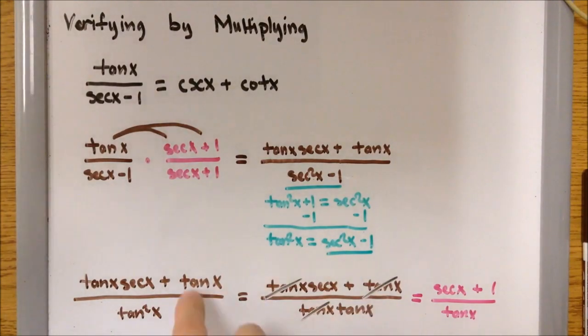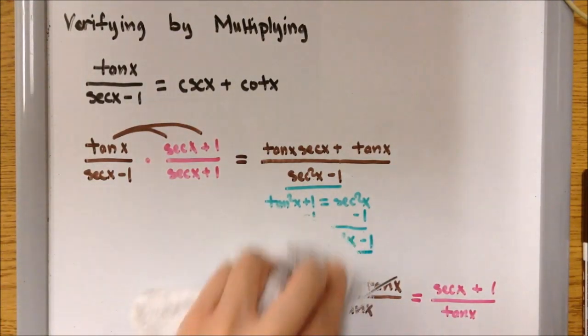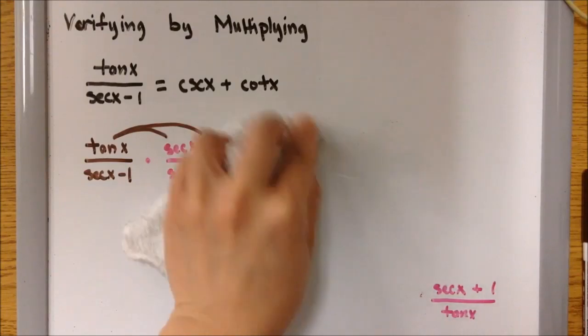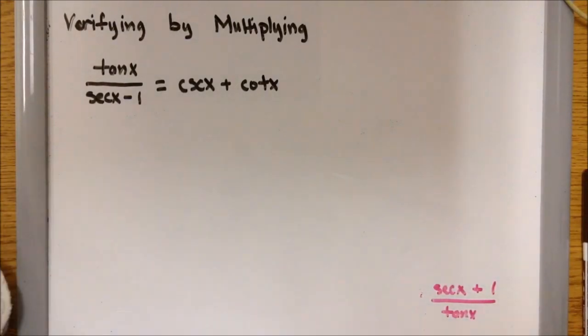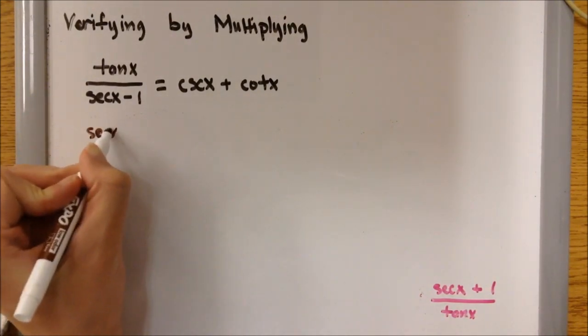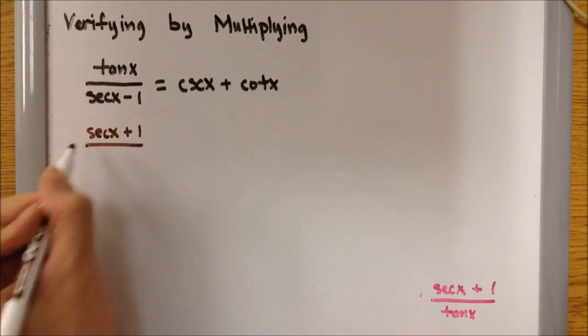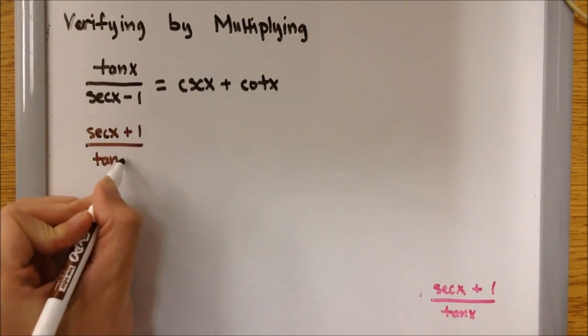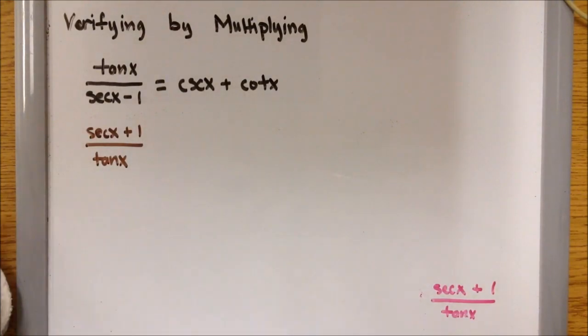Alright, I'm going to erase to make more room. Alright, if we were to simplify, the next part we could do, just like in 5.1, is to convert all trig functions in terms of sine and cosine.